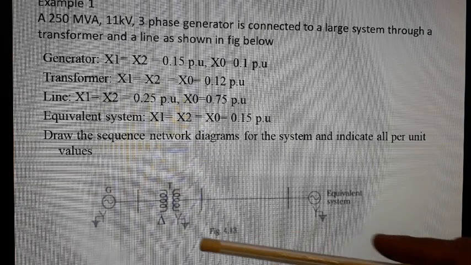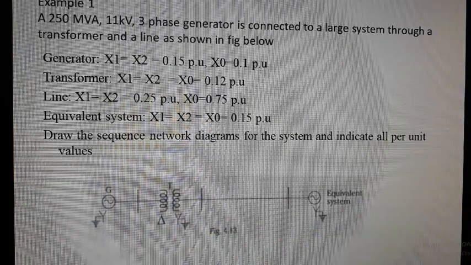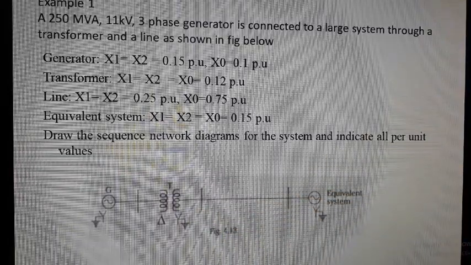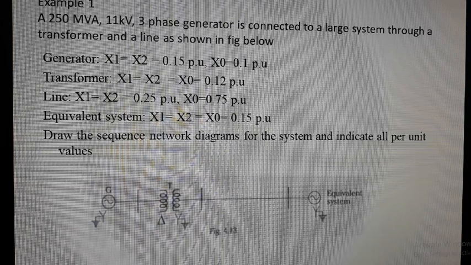Whenever delta is there, the shunt switch should be closed. Whenever it is star with neutral grounded, then only the series switch must be closed. So in that ideal circuit with two series switches and two shunt switches, the series switches are closed only when star connected with neutral grounded, and the shunt switches are closed only when delta connected.